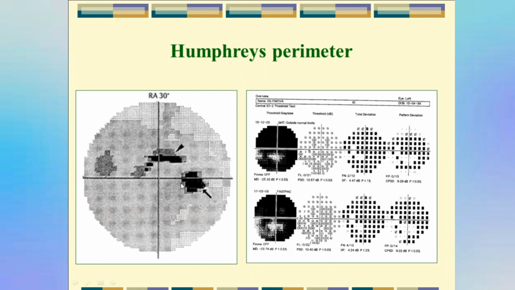Here just an increased size of the blind spot and central scotoma. But on this picture you can see that just a small part of the visual field has survived and the other part of the visual field is blind.